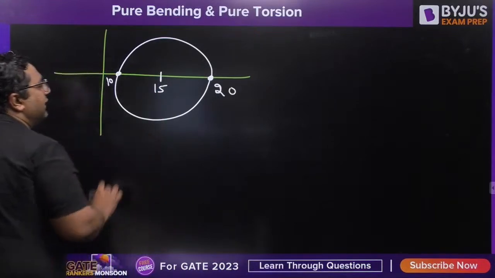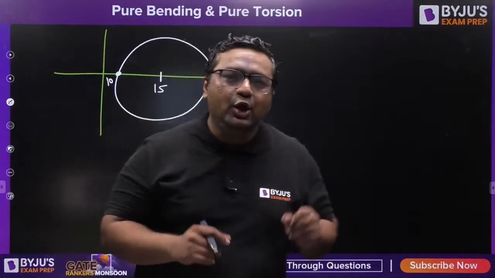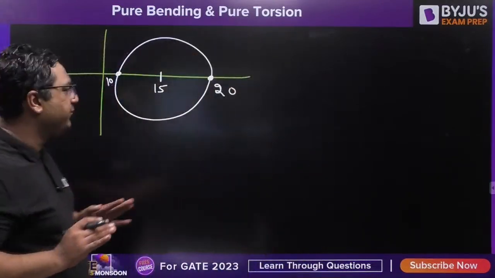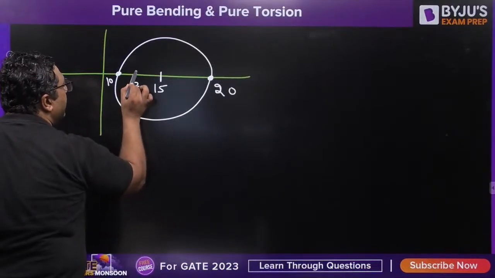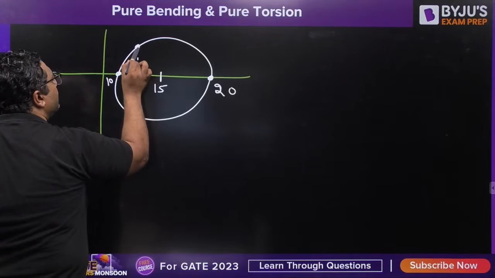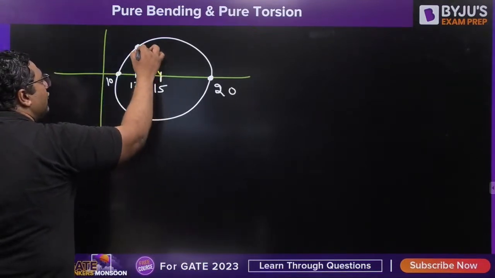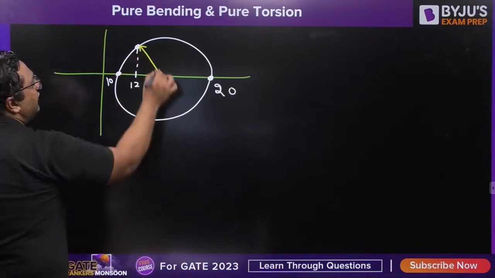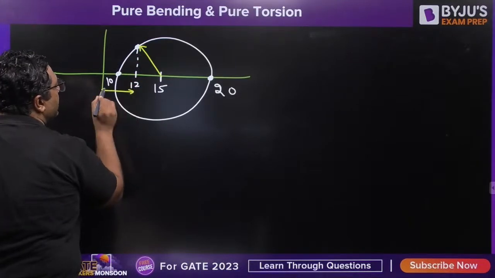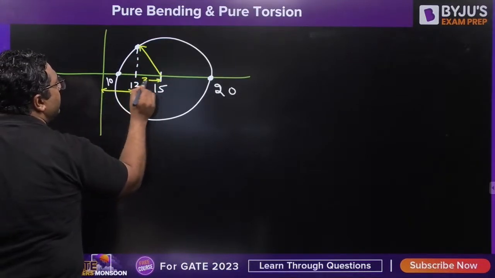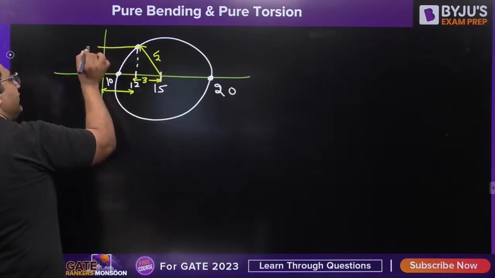You need to find the shear stress at a plane where normal stress is 12 MPa, so the normal stress has the value of 12 here, and the point related to this is here. This is the radius of the Mohr circle. This value is 12, so this value is going to be 3. This value is 5. And this value will give you the tau xy.